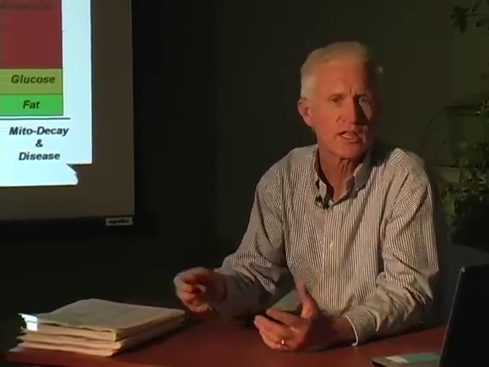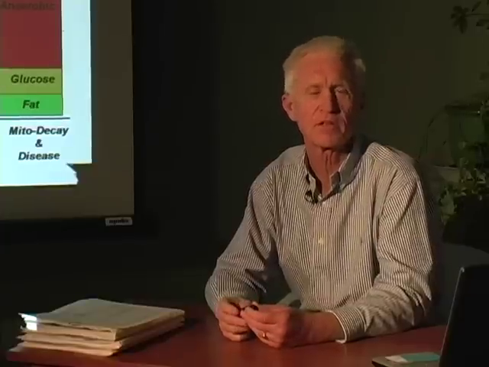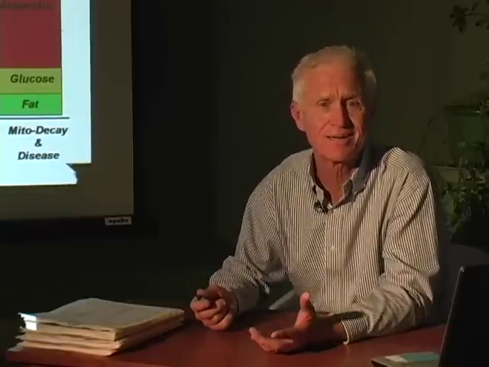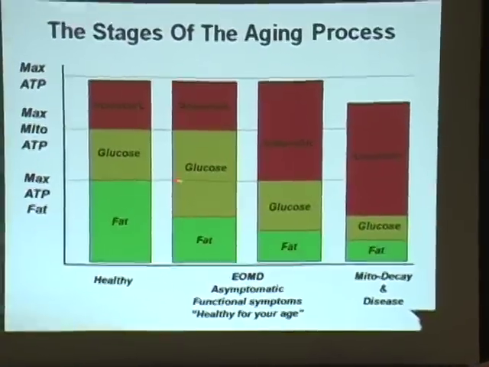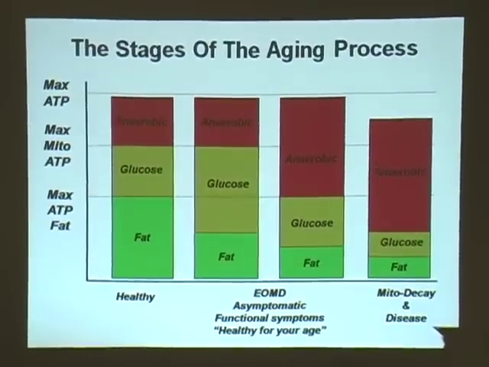Because aging is just like any disease. In fact, it's got pathological processes that are associated with decreased energy production at a cellular level, just like disease does. So as we're moving this way and getting closer to disease, we're also moving this way and getting closer to the ravages of the aging process.